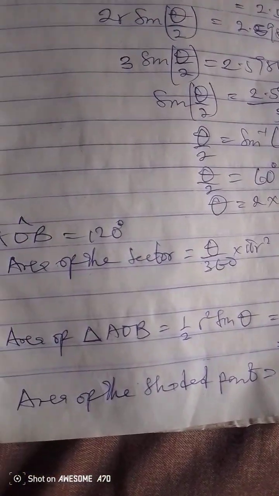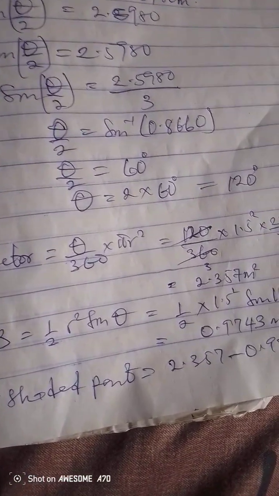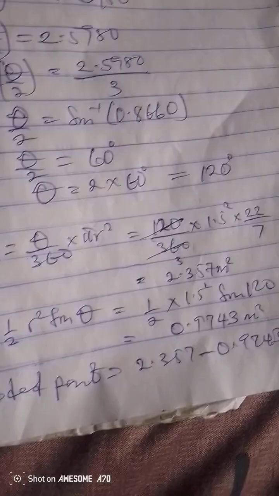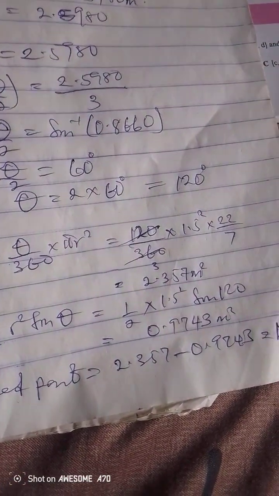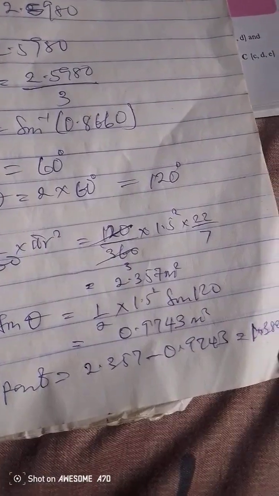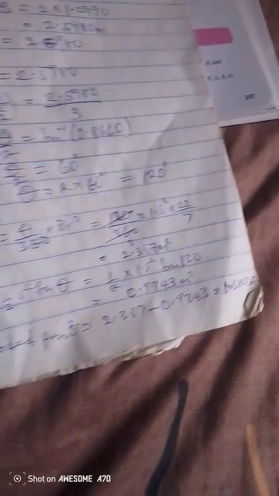Therefore, the area of the shaded part, which is a minor segment, equals the area of the sector minus the area of the isosceles triangle, which is 2.357 minus 0.9743. That gives us 1.3827 meters squared. That's the area of the shaded part.